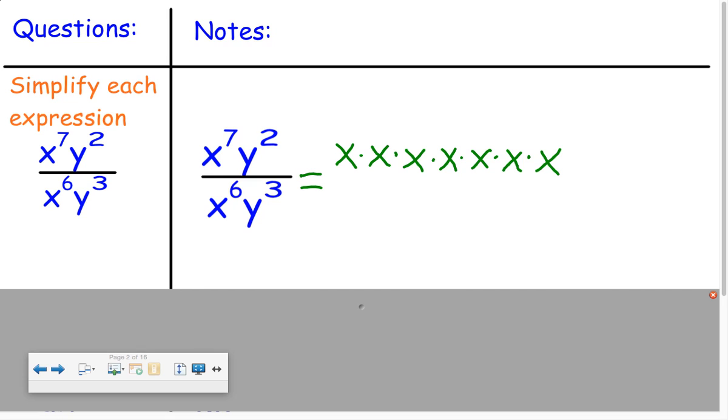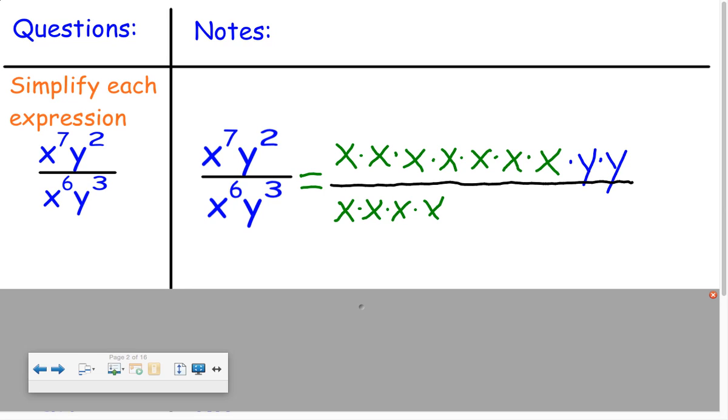Y squared is the same as y times y. And then I'm going to expand the bottom. So I have 6 x's, because it's x to the 6th. And y to the 3rd, so 3 y's.